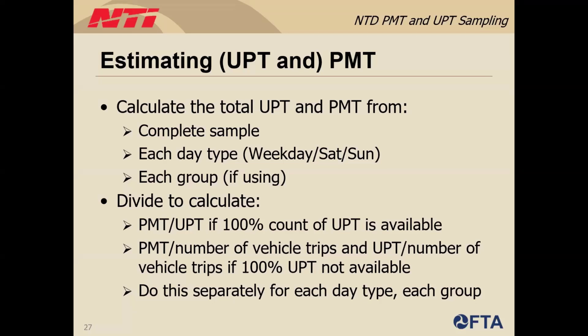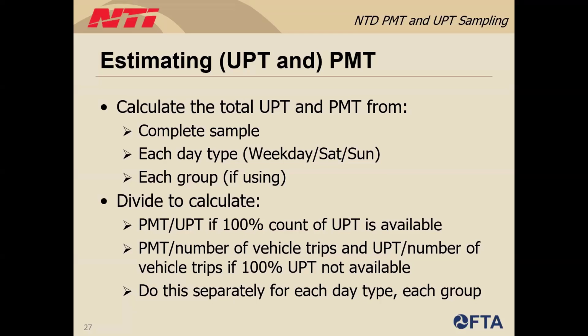Remember that if you have 100% count of UPT, the purpose of your sample is to estimate APTL. So divide PMT by UPT for the total and each of these subtotals to get the APTLs that you need. If you don't have 100% count of UPT, you're looking for the average UPT and PMT per vehicle trip.